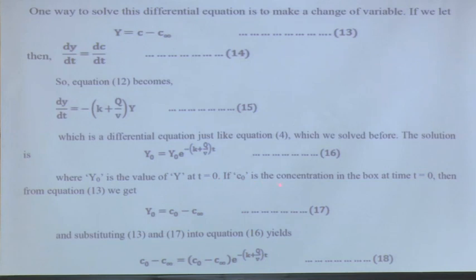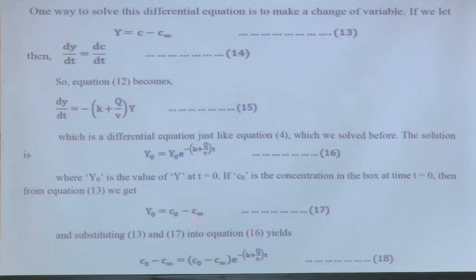And if C0 is the concentration in the box at time t equal to 0, then from equation 13 we can write y0 is equal to C0 minus C infinity, which is very easy to know by measurement, that is, my initial concentration. That is why we start with initial concentration. I can easily measure that.